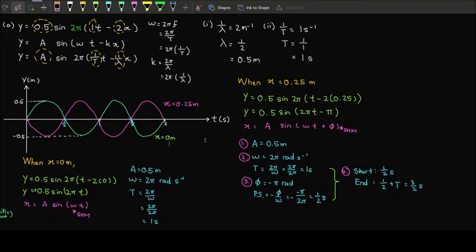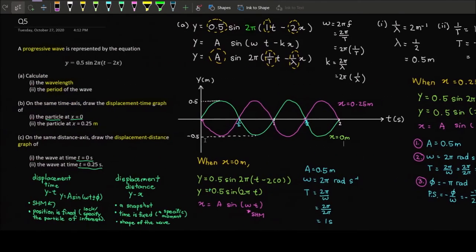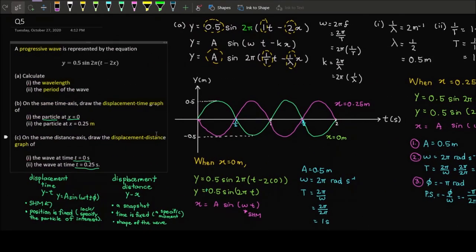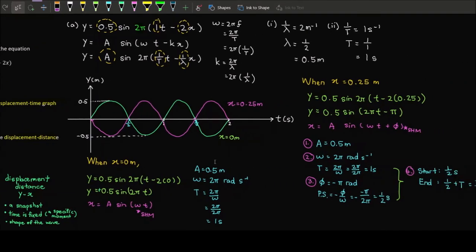Okay, so that's all for question B. We'll move on to question C. For question C, they ask for the displacement distance graph, and the two moments that they specify are when time equals 0 and time equals 0.25 second. Okay, it's in seconds. So let's move to the graph.